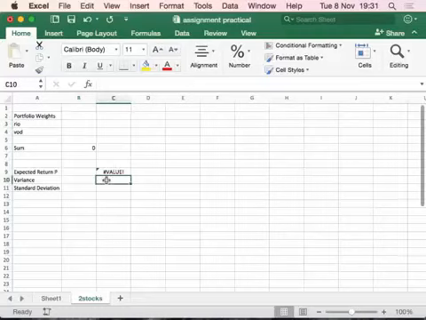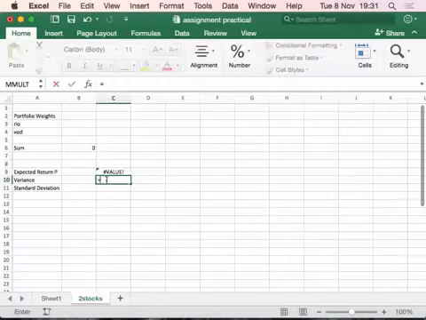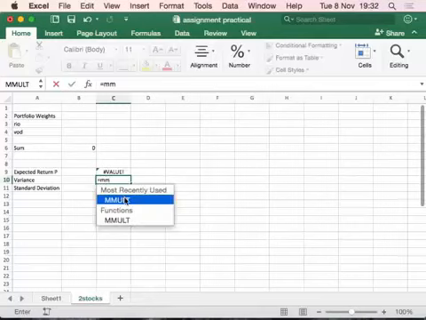Next, this one is a bit tricky. So here now we need to calculate the variance. We multiply the transpose of the weights by the variance-covariance matrix and times the weights for the second time. So MMULT.